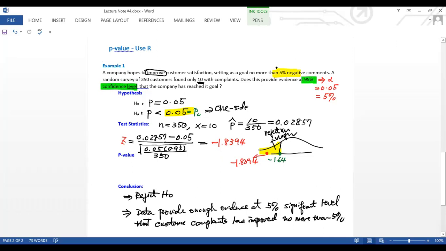So that means based on this data, I know the customer complaint right now, because I reject the null hypothesis. So I will say, hey, it's improved, we have less than 5% negative comments here, right?